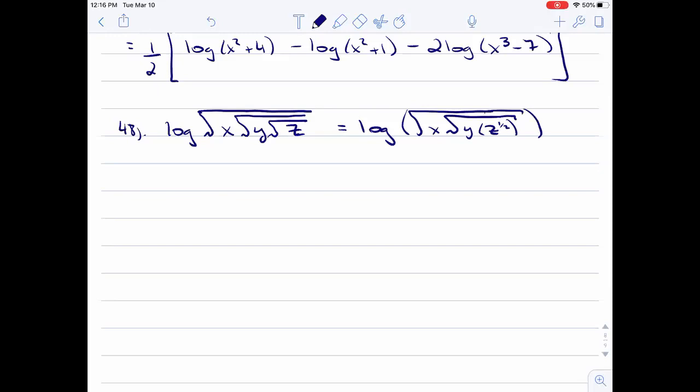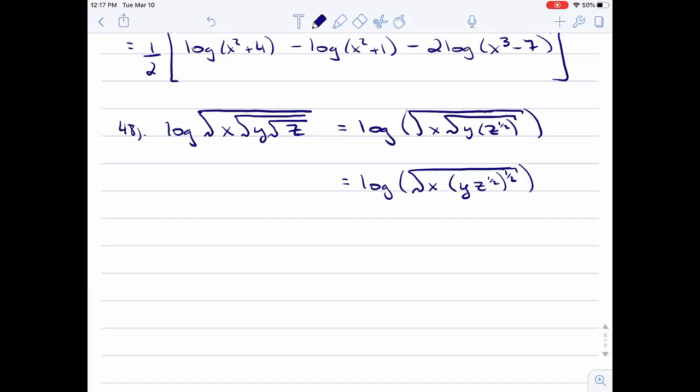And I write little down ticks on my square root at the end just to show what's inside my square root. Might be helpful. So then the log of the square root of x times y times z to the 1/2 to the power of 1/2.